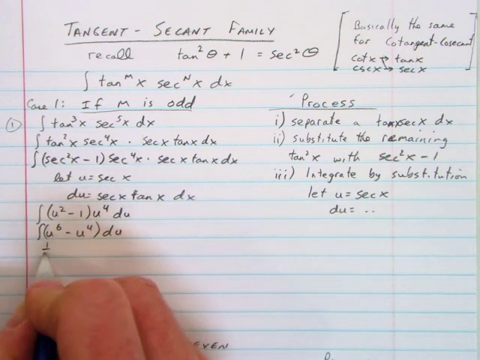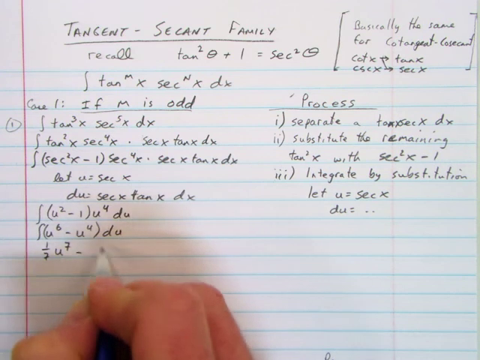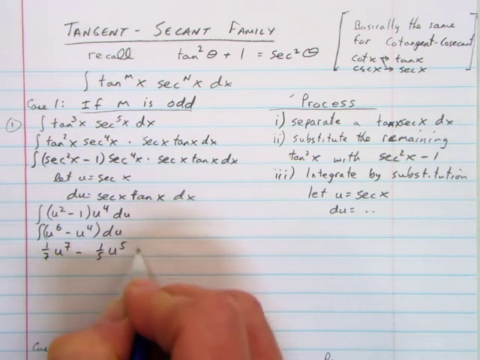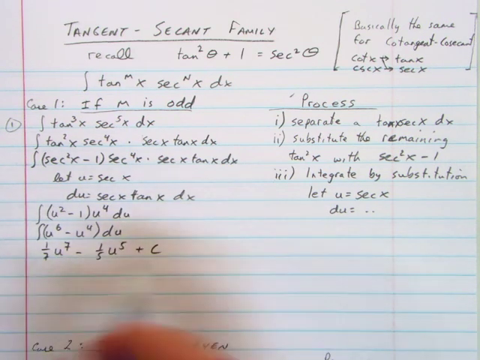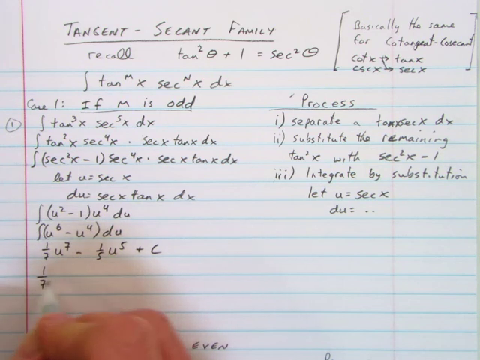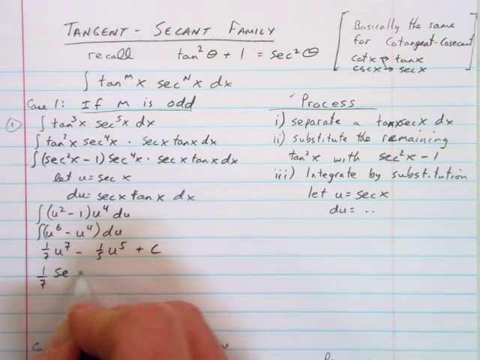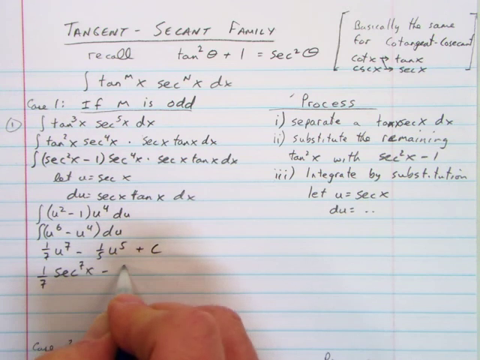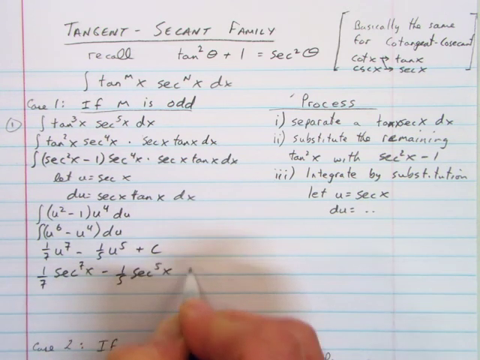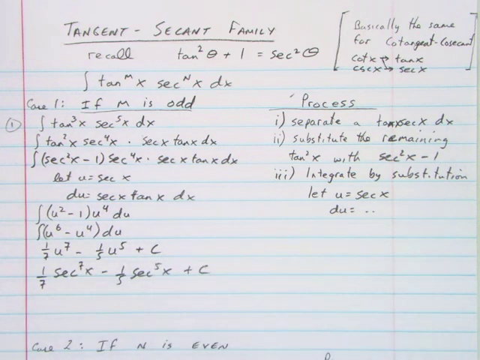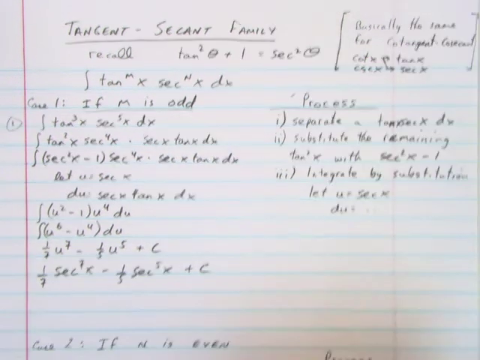So we have 1/7 u to the 7th minus 1/5 u to the 5th plus c. Substitute back in. We get 1/7 secant to the 7th of x minus 1/5 secant to the 5th of x plus c. And that's it for that one.